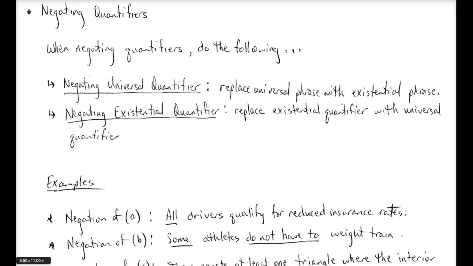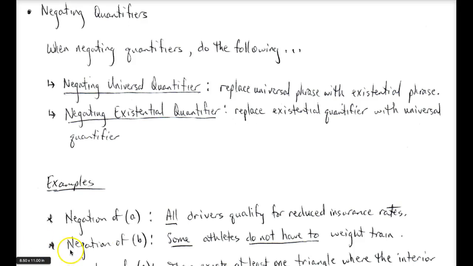Now, in addition to universal and existential quantifiers, we also can negate these quantifiers as well. We can negate a universal quantifier by just replacing a universal phrase with an existential phrase. And to negate an existential quantifier, we do just the opposite. We replace an existential quantifier with a universal one.